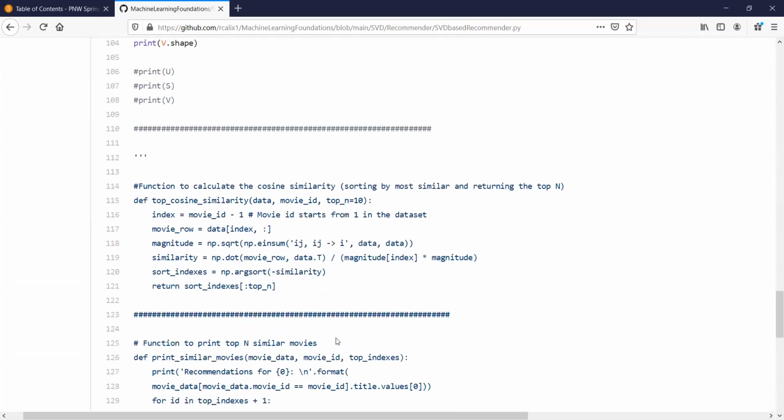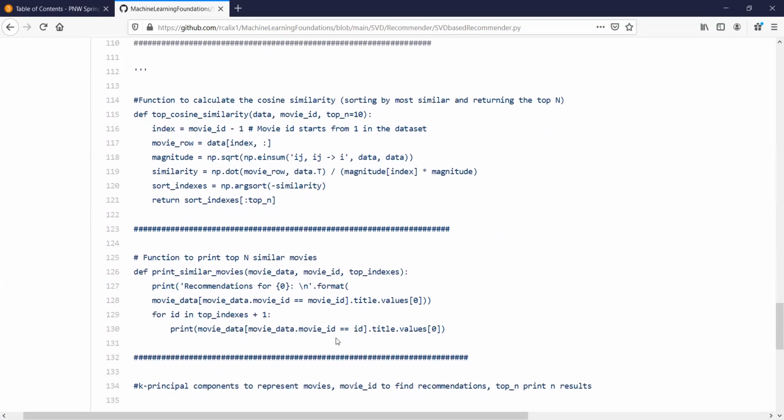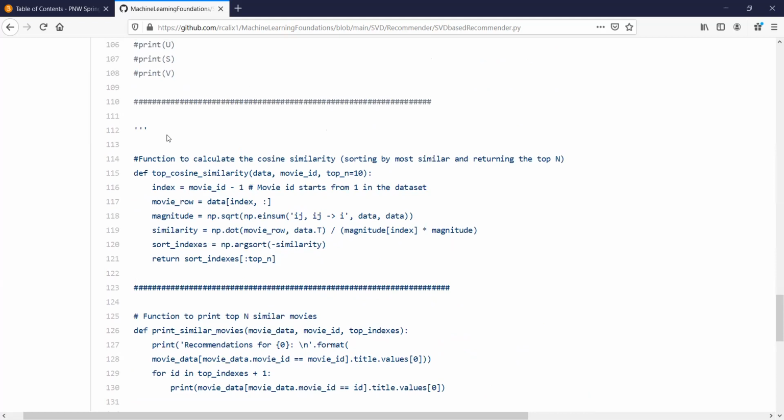So the question now is, how do we pick movies? Well, as it turns out, the way that we pick movies can be very similar to the KNN algorithm. If you understood the KNN algorithm, we were calculating Euclidean distances.